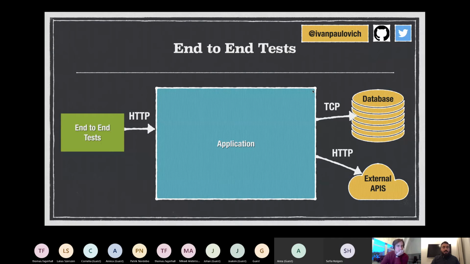End-to-end tests are even more expensive to set up than component tests because they are actually going to the database, going to the external APIs, checking again if the components are wired up correctly. So it's another answer that is given to you, but with the real implementations.